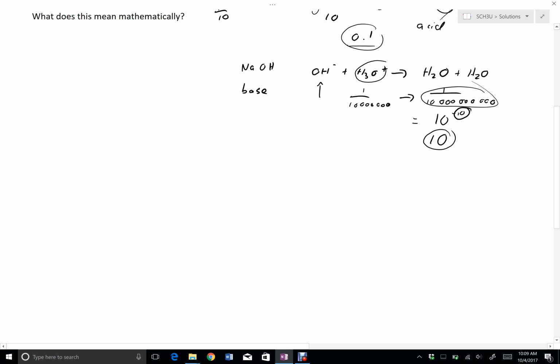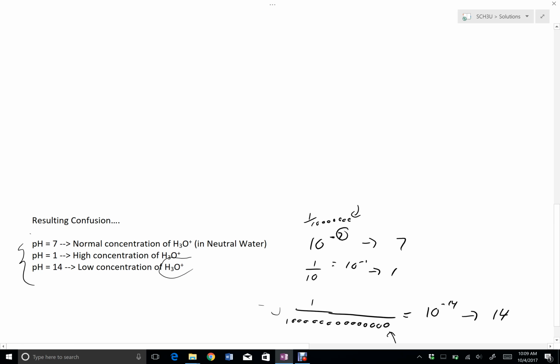So 1 to 7 represents acids, high hydronium concentration. Seven represents neutral substances, normal hydronium concentration.